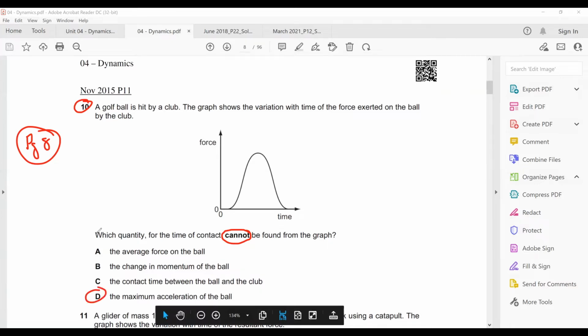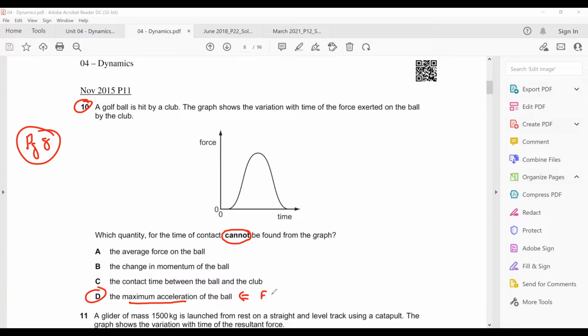What's missing here that causes you to not be able to find maximum acceleration? The mass. Yes, the mass. Because if you want to find the maximum acceleration, F equals ma.